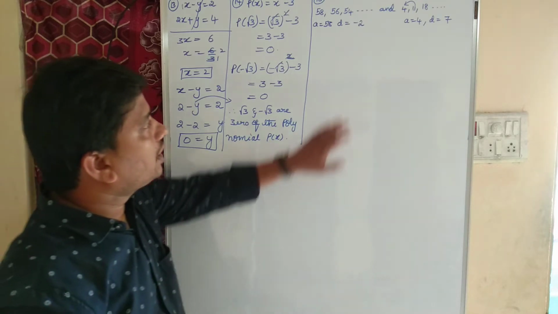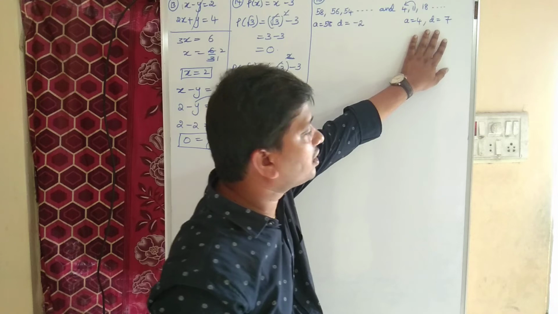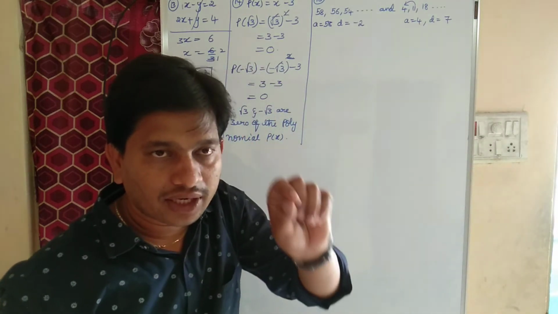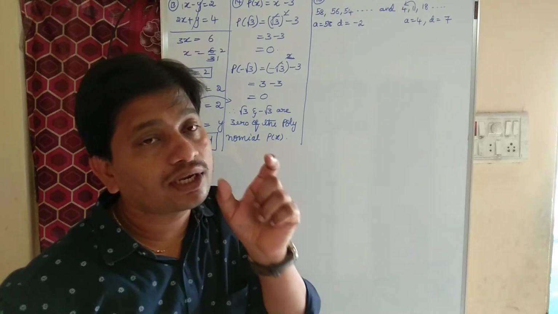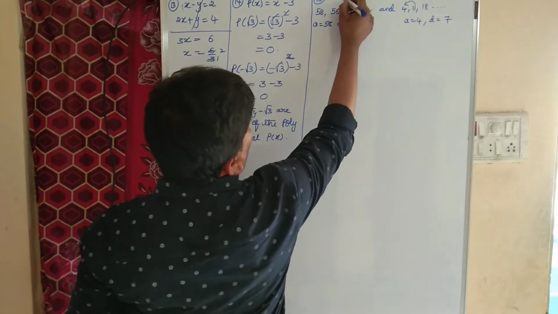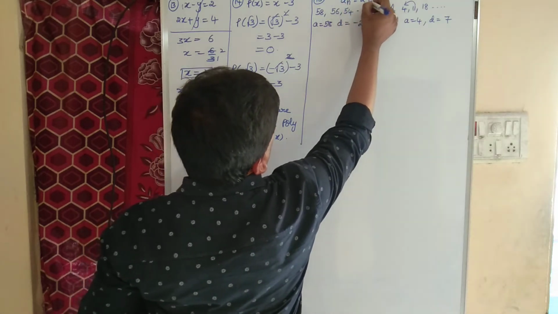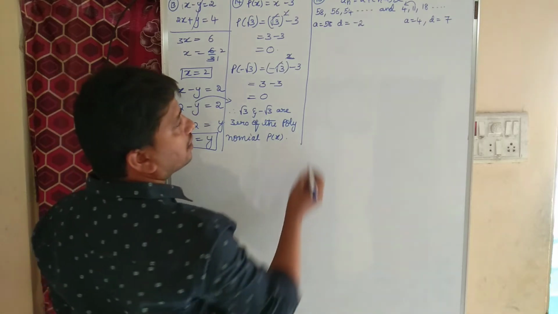Now let us find the nth term of the first AP and also the nth term of the second AP, and according to the question their nth terms are equal. The nth term of an AP formula is a_n equal to a plus n minus 1 into d, right?